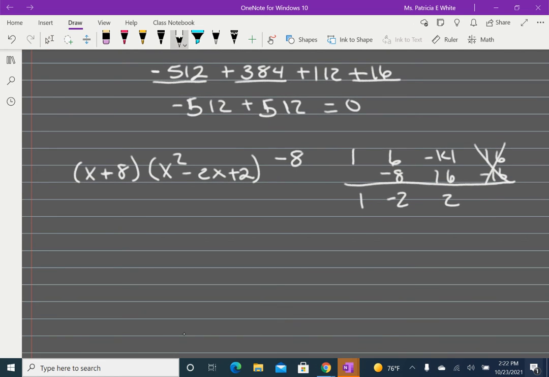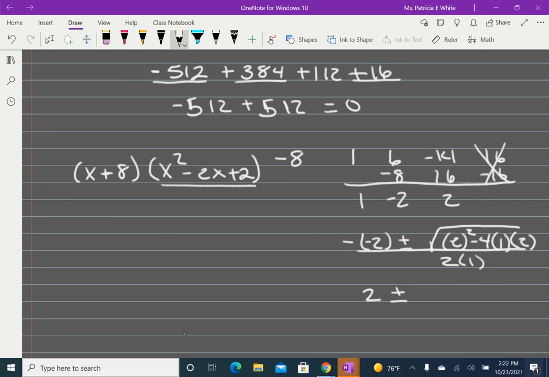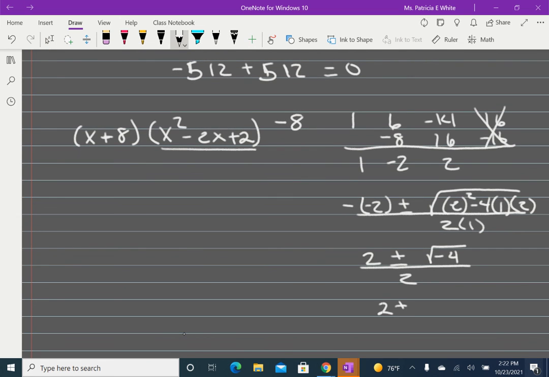If I plugged this into the quadratic formula, I would have negative negative 2 plus or minus the square root of negative 2 squared minus 4 times 1 times 2, over 2 times 1. 2 plus or minus the square root of 4 minus 8 gives me the square root of negative 4 over 2. I would have 2 plus or minus 2i over 2, giving me 1 plus or minus i. The only way to factor this is with complex numbers, so my only real solution is that negative 8.